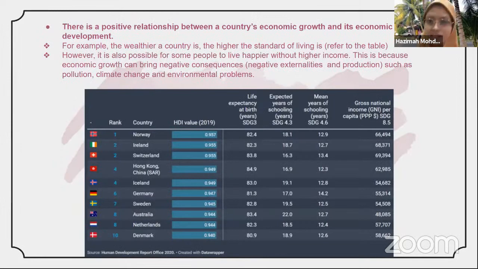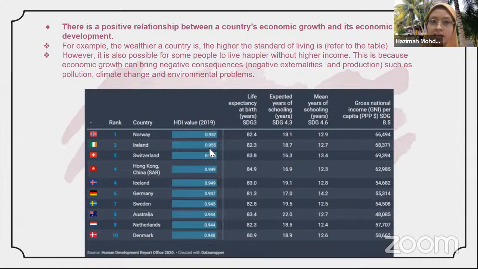So the relationship, we can see that there is a positive relationship between a country's economic growth and its economic development. Okay, for example, the wealthier a country is, the higher the standard of living. So we can refer to this table. We can see that the GNI, meaning the wealth of the country, is high here, and we can see also the HDI value is also high, near 1.